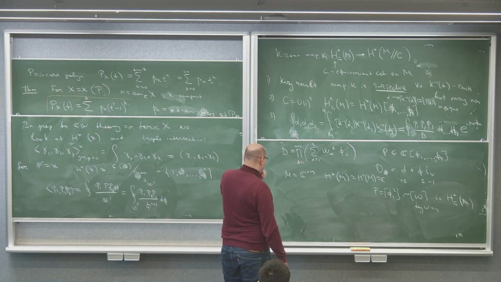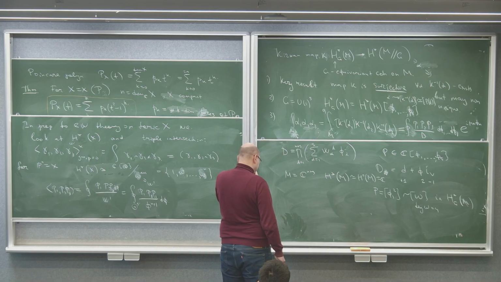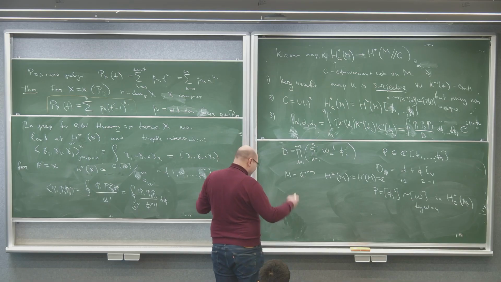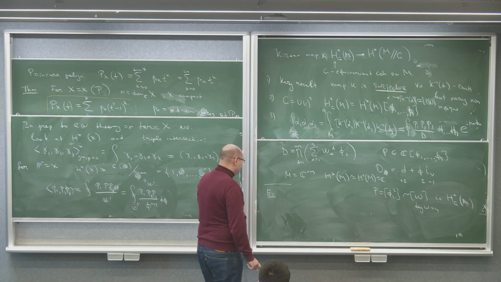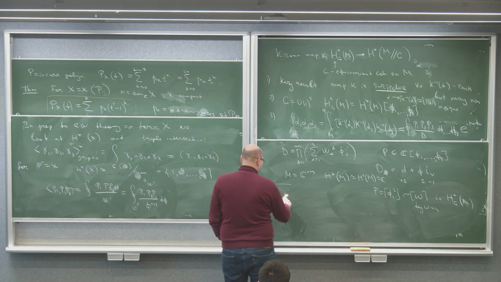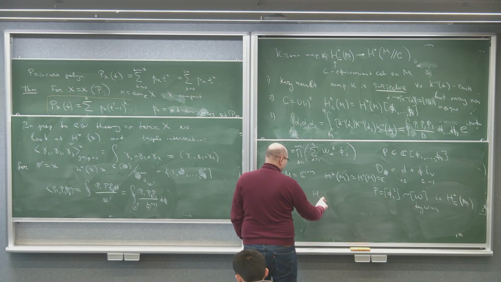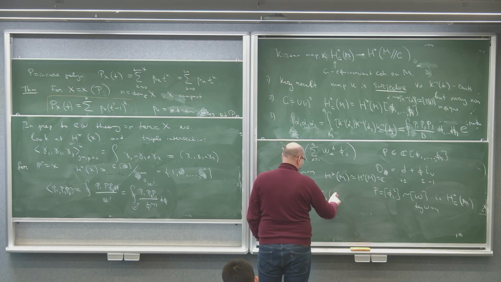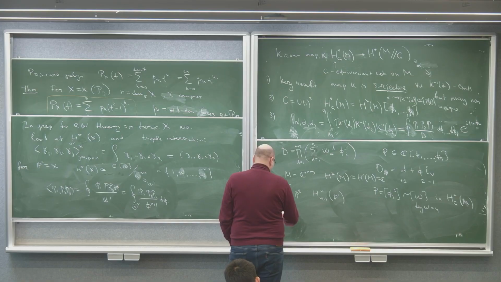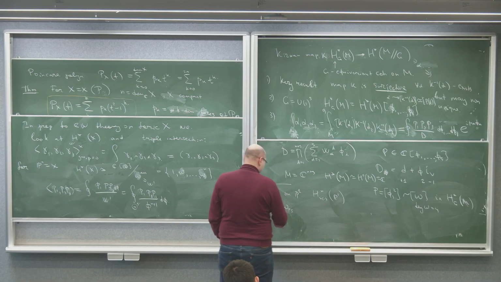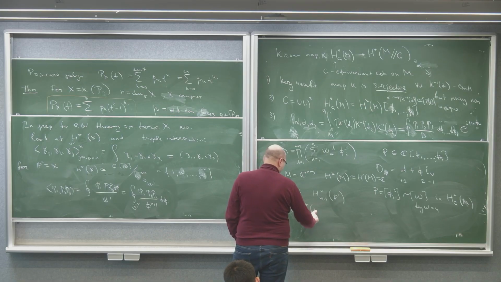So a typical situation, let me give you an example, but that example would be on P1. Suppose I'm looking at equivariant cohomologies of P1. So I have the Fubini-Study form, which was ordinary cohomology on P1.